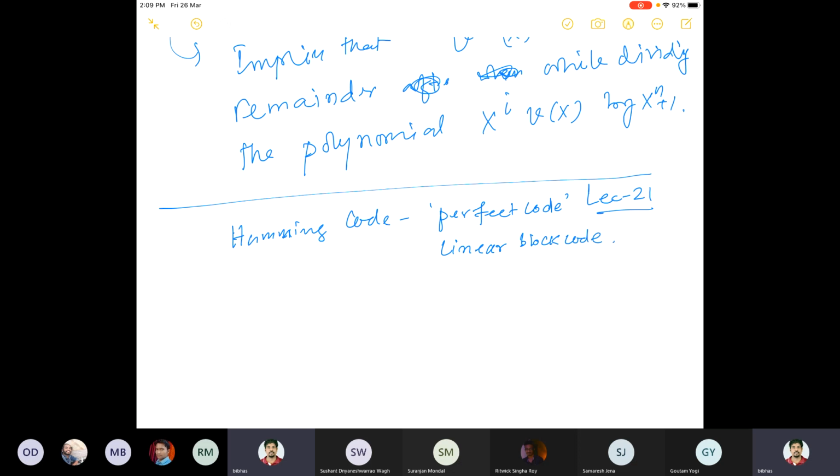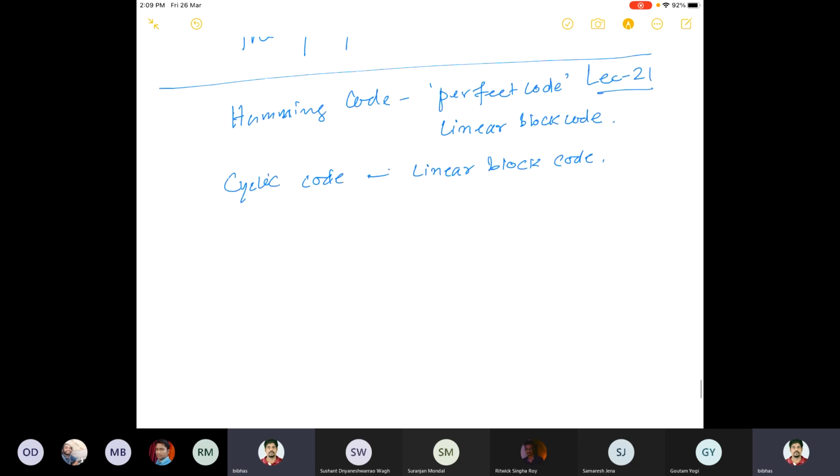And also we introduced what is called cyclic code, and this is also a linear code. So the main idea was, given any code word, which is a string of 0s and 1s, it can be represented as a polynomial.